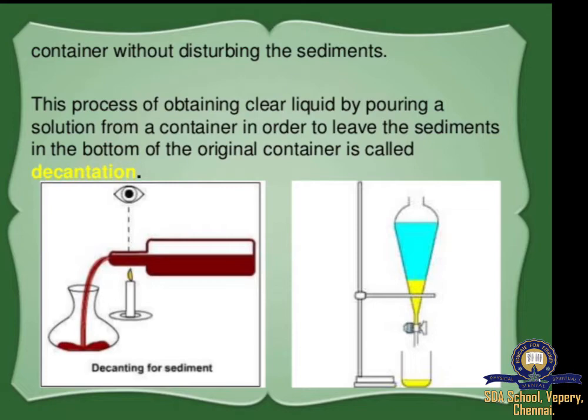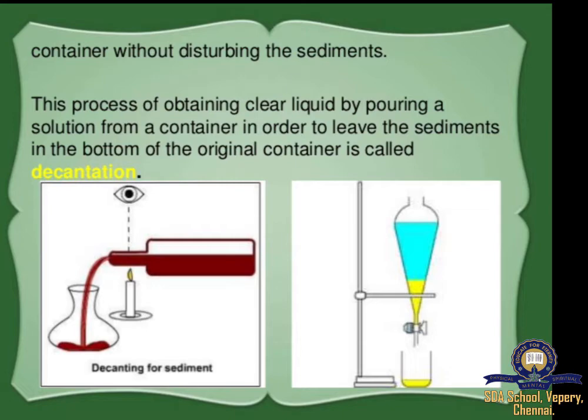Without disturbing, if you keep it aside, it will settle down. Removing the clear liquid by pouring the solution is called sedimentation. The original liquid at the bottom is called decantation.